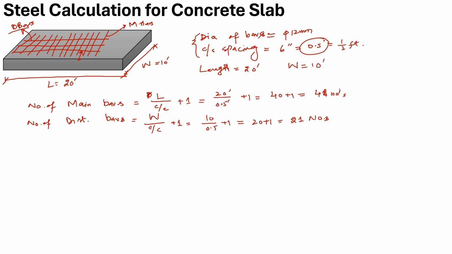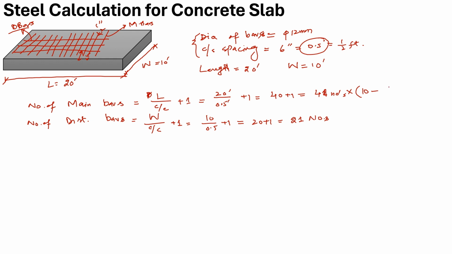The length of a main bar, because the main bar is along the direction of 10 feet, will be 10 minus the cover of the concrete provided. So I will do it like this: 41 bars into 10 feet minus how much concrete cover is provided. Let us say 1 inch on each side, so this bar will have a clear concrete cover of 1 inch on this side and 1 inch on this side.